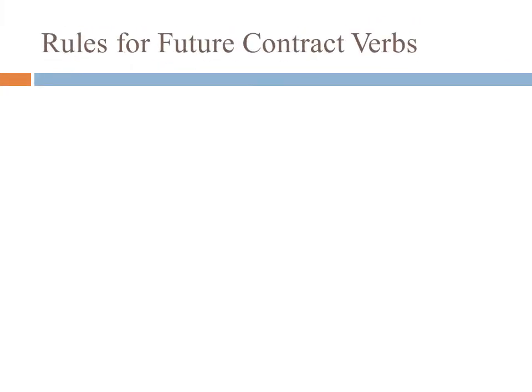Rules for future contract verbs. You might remember the present contract is really complicated. You had omicrons coming across epsilons and alphas, and this doesn't happen in the future because of that sigma. The sigma separates the final part of the verb, which is the pronominal endings, from the stem of the verb, which has a final vowel at the end.